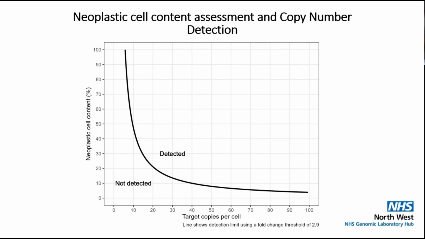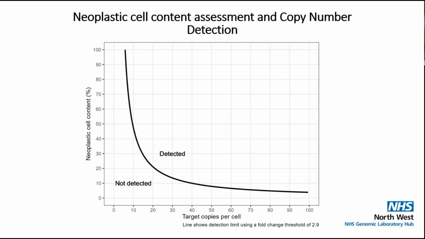You can see from this graph that as the neoplastic cell content goes up, the number of target copies that you can detect comes down. So we often think of this is around amplifications, gene amplifications we're detecting.